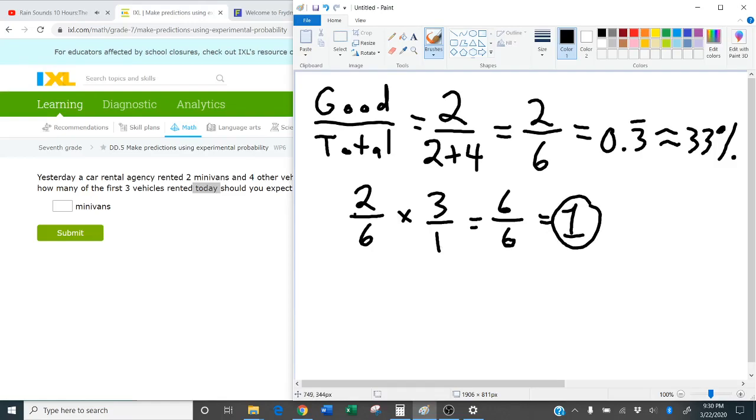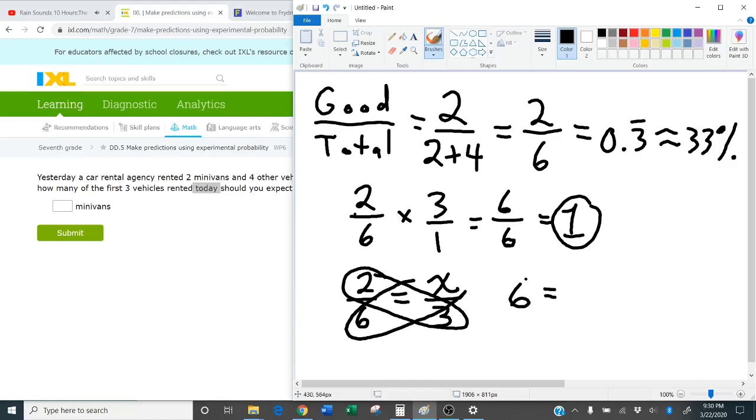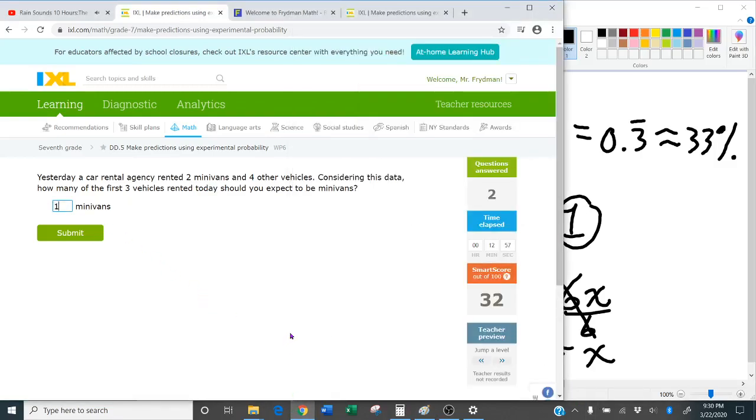And we could also set up our proportion 2 over 6 equals x over 3, and then cross multiply, we have 6 equals 6 times x is 6x, then divide both sides by 6 to get rid of this 6, and we get x equals 1. So again, we could also use the proportion strategy. It will give us the same answer. So we expect 1 out of the 3 to be a minivan.